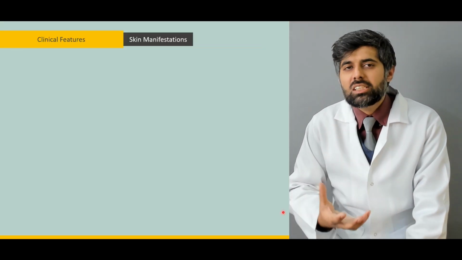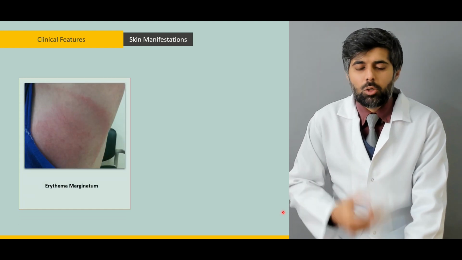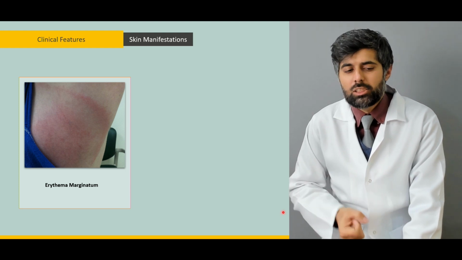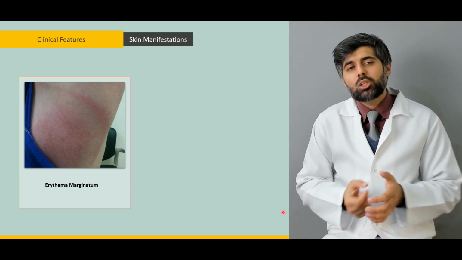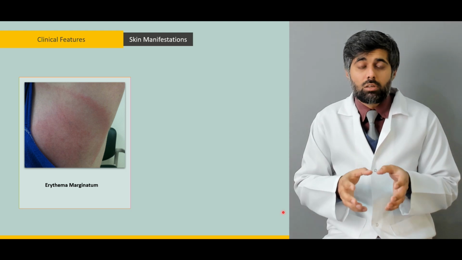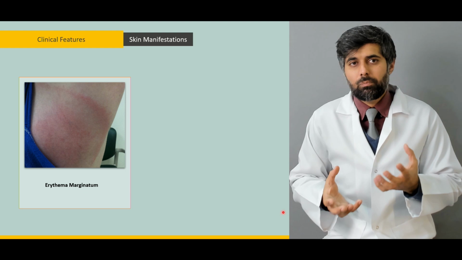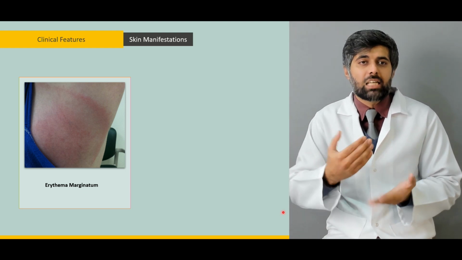Then we have the skin manifestations in such patients. There are two types of skin manifestations in rheumatic heart disease. One is erythema marginatum. Erythema marginatum is a papular rash where the margin of the rash has an evanescent property to it, that it appears and vanishes in front of the examiner.